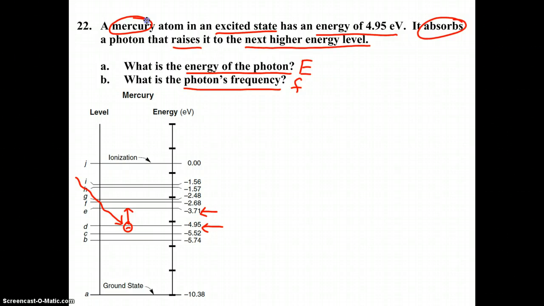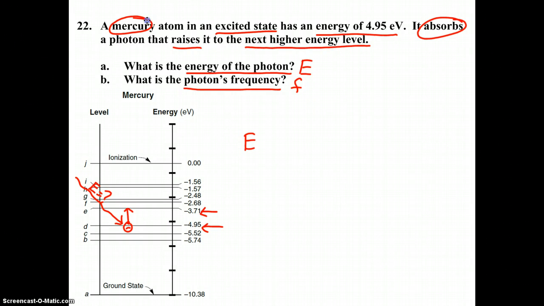What is the energy of the photon? They want the energy of the photon. All right, following the rules that apply here, the only way that that photon can be absorbed is if it has the exact amount as the energy difference between the levels that the electron is raised to.